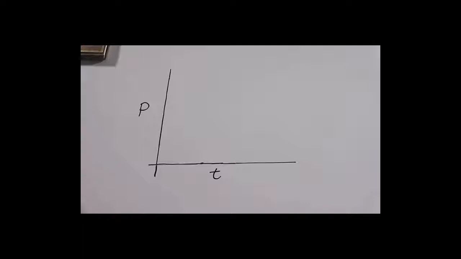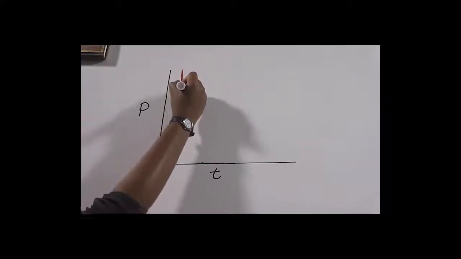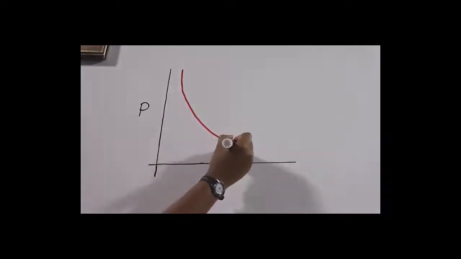So part A, the statement says the price of the stock is falling slower and slower. So let's just visualize this. So we have the price up here and it's falling, but it starts falling slower and slower and slower and slower.